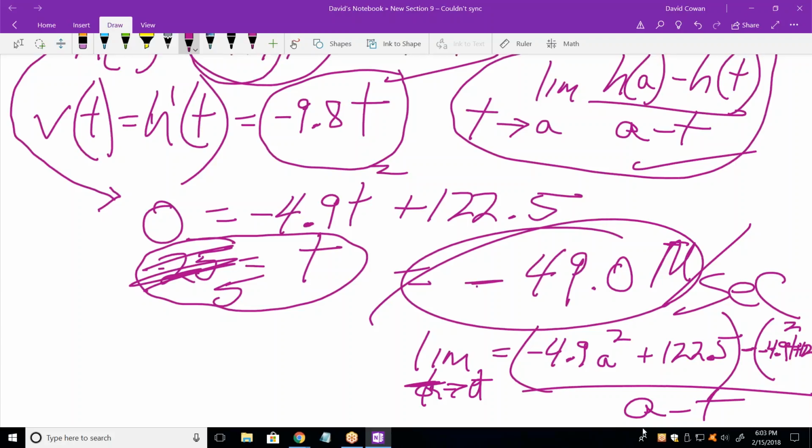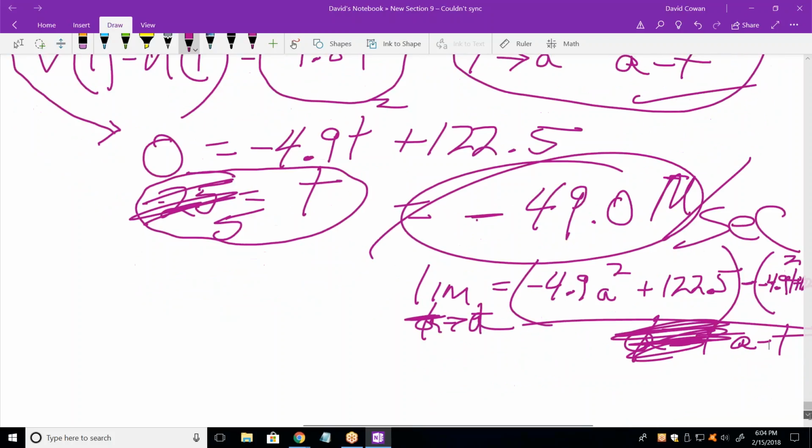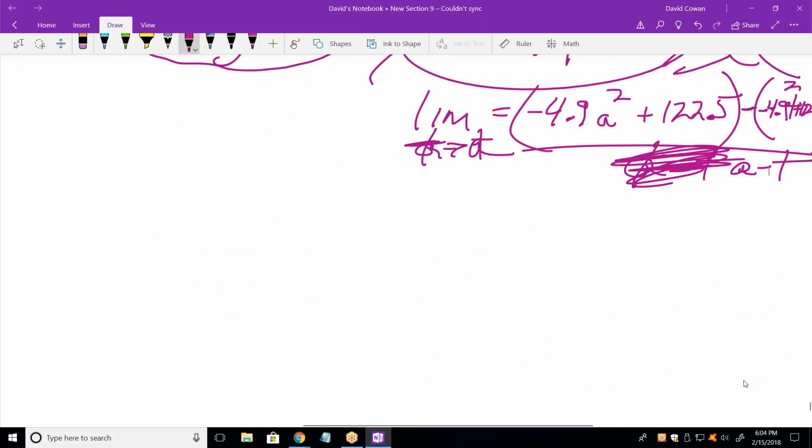Which you'll notice the bottom, I think it's t minus a, is it not? I think it's t minus a. It's a minus t. It is a minus t? Okay. If we start there and we try to simplify that, look what happens to the numerator. The numbers cancel, right?